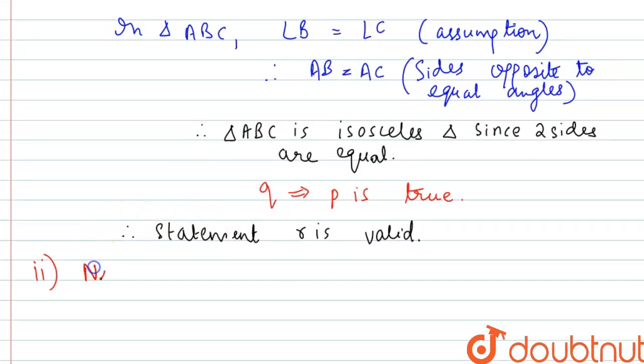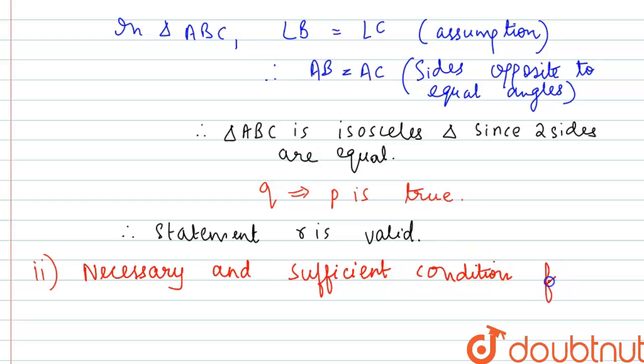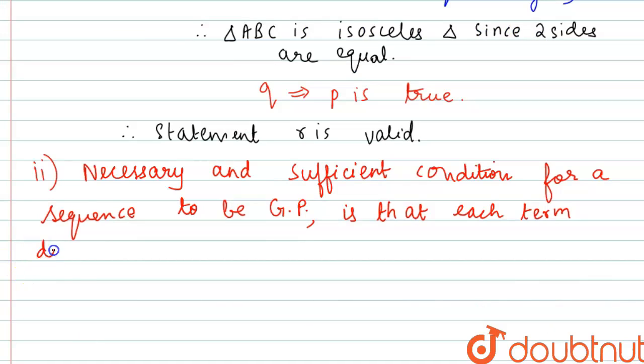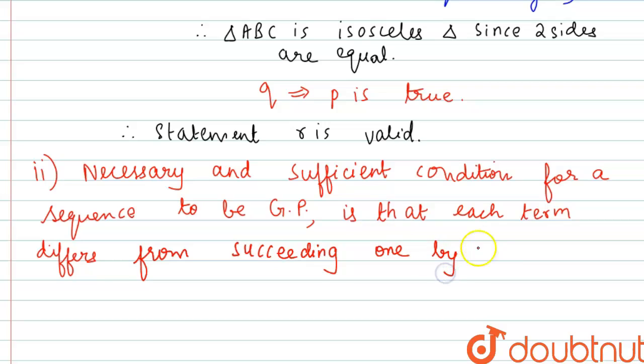So when we rewrite, the answer will be necessary and sufficient condition for a sequence to be GP is that each term differs from succeeding one by a non-zero constant ratio. So thus these are the answers.